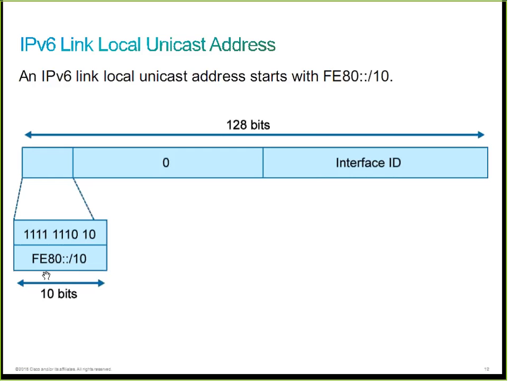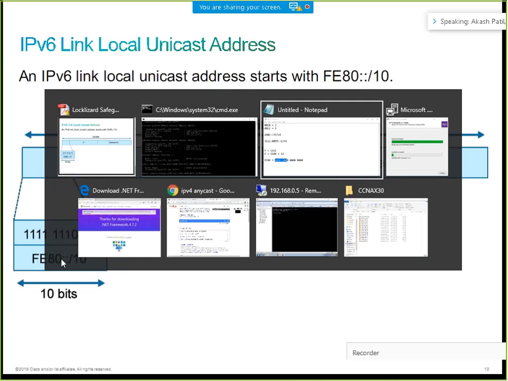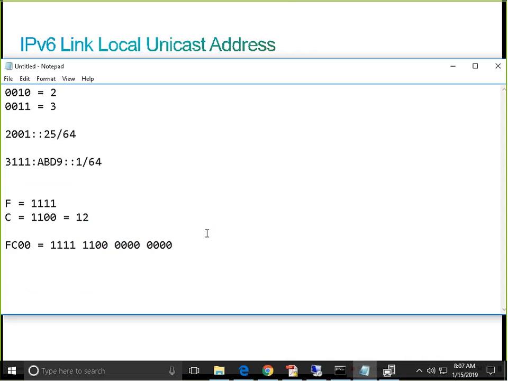So when I talk about FE80, the first 10 bits are reserved. Just to give an idea, FE80 will be represented as F, which is 1111, E, which is 1110, then 8 is 1000, and then 0000.